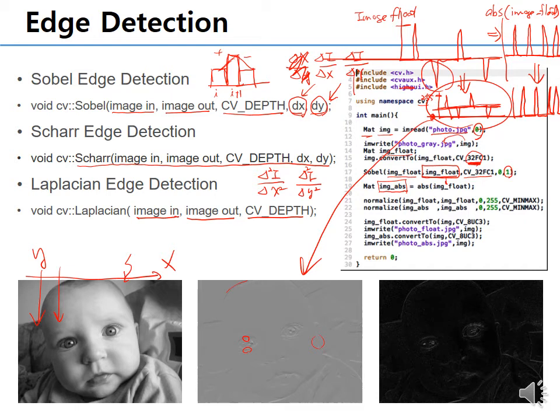So this is the float image, and when we take the absolute image float, the normalized image looks like this. Many pixels are 0, so it is a dark background, and we can see the bright edges. So this is the output. This image is better for seeing the edge information.